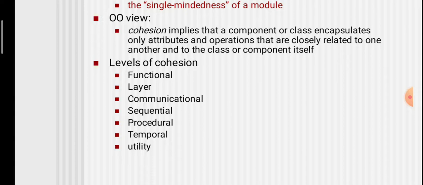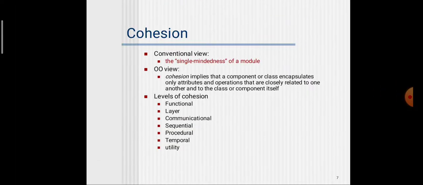Utility is application oriented. Procedural is step by step: getting the job will be first, counting the papers second, setting the paper, calculating the cost, then printing, then getting the papers. Sequential is more or less like communicational, in the sense that it will ask for data from the user. These are the different levels of cohesion.